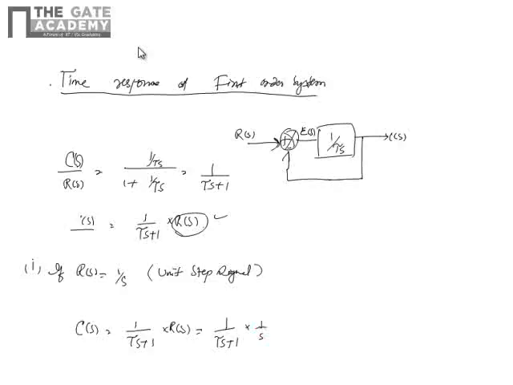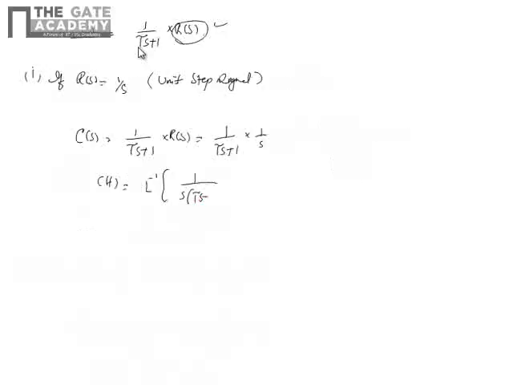To find c(t), that is inverse Laplace of 1 by s into tau s plus 1. We can factorize this C(s) using partial fractions to find the inverse Laplace transform.